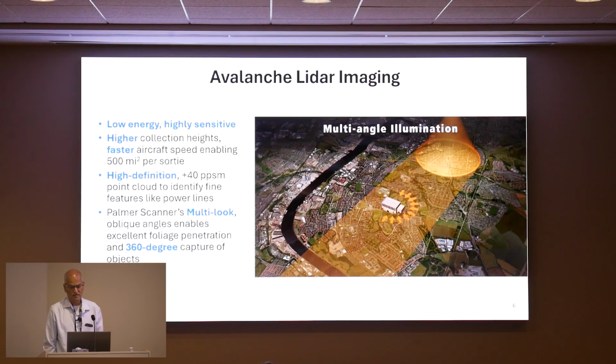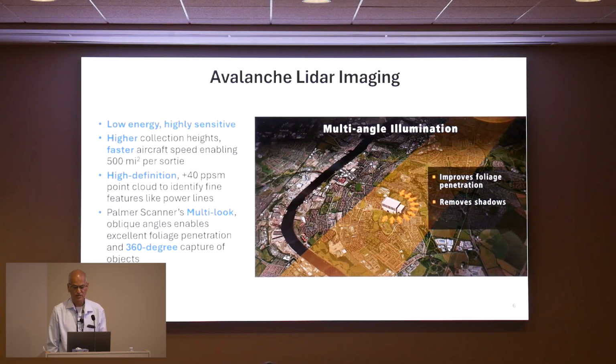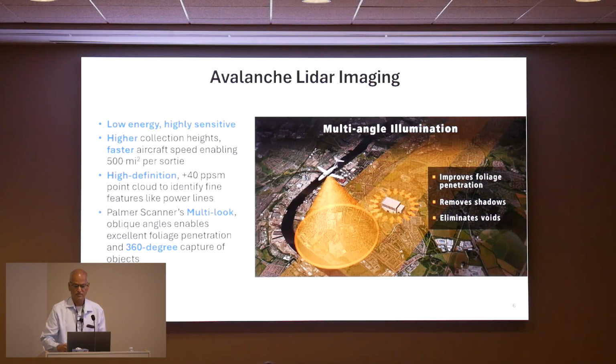And this is a multi-angle illumination. That means your building is illuminated multiple times. It's like an oblique camera, where you see the same spot from multiple angles. That way, if some areas are obscured, they will be picked up in some photograph or other, unless the area is totally covered by vegetation.